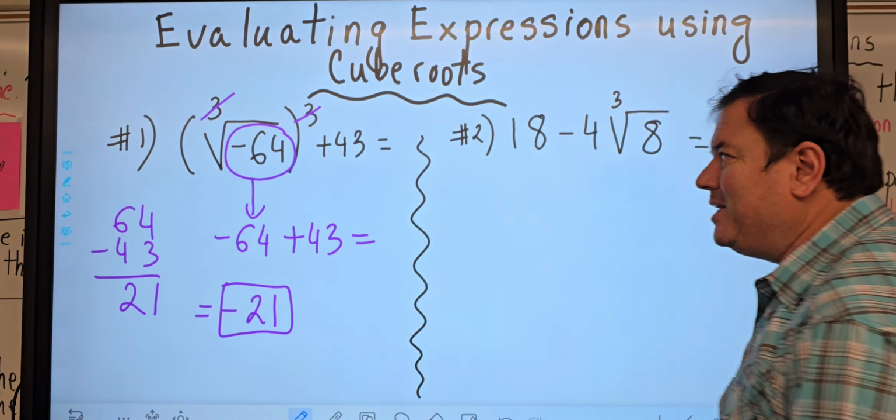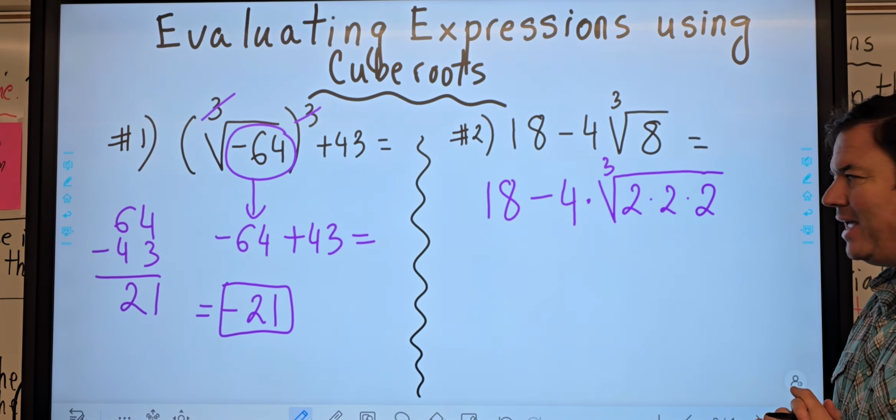So we have 18 minus 4, and now cube root of 8 can be written as cube root of 2 times 2 times 2, right? Because 2 times 2 times 2 gives us 8.